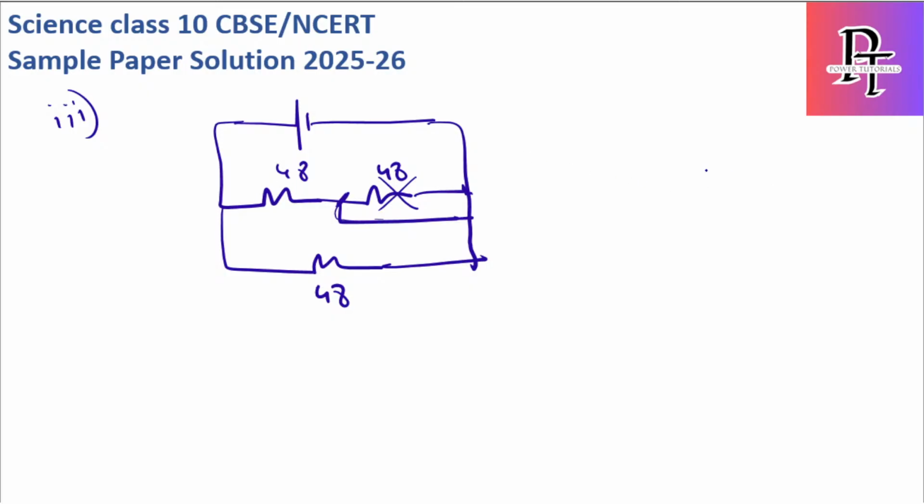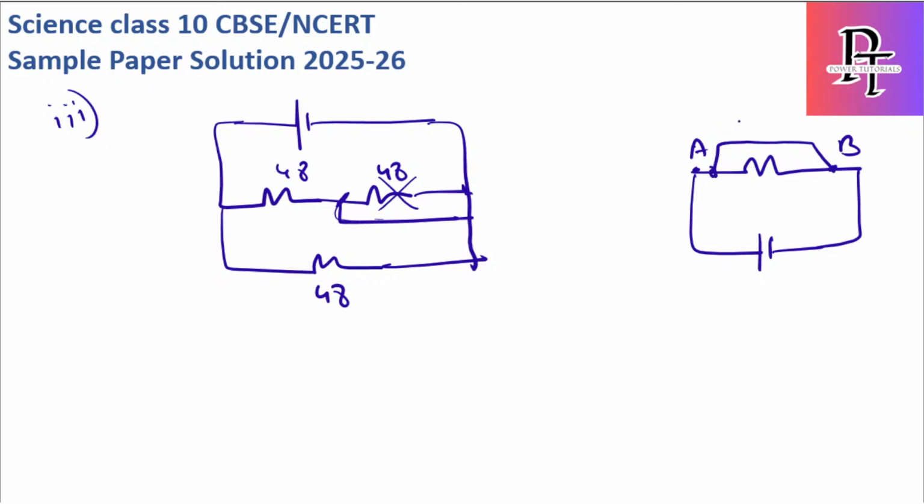So I am going to explain it this way. We have a resistor like this, suppose A and B, and we have a voltage source somewhere like this. Suppose I short this element. If I short this element, I am connecting a wire like this, where A and B are the same. If I just connect a wire like this, what will happen? The voltage across A and the voltage across B will be the same.